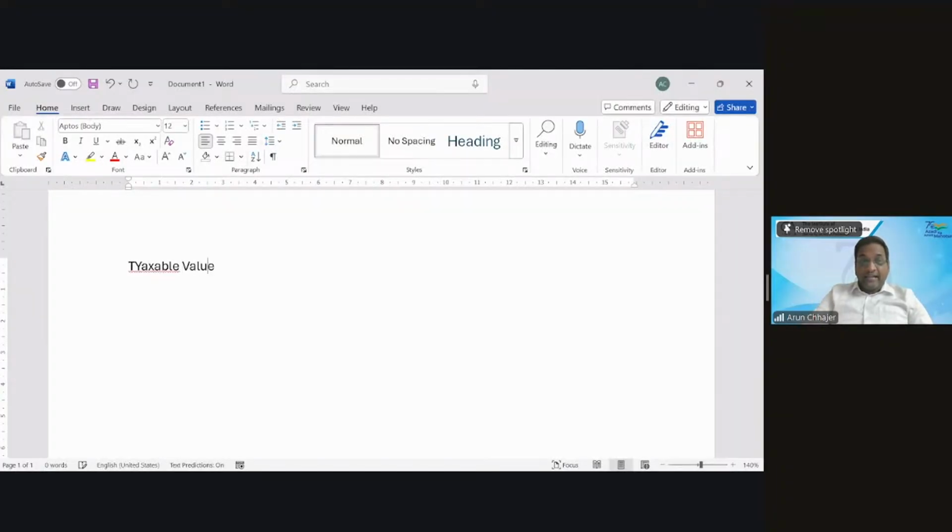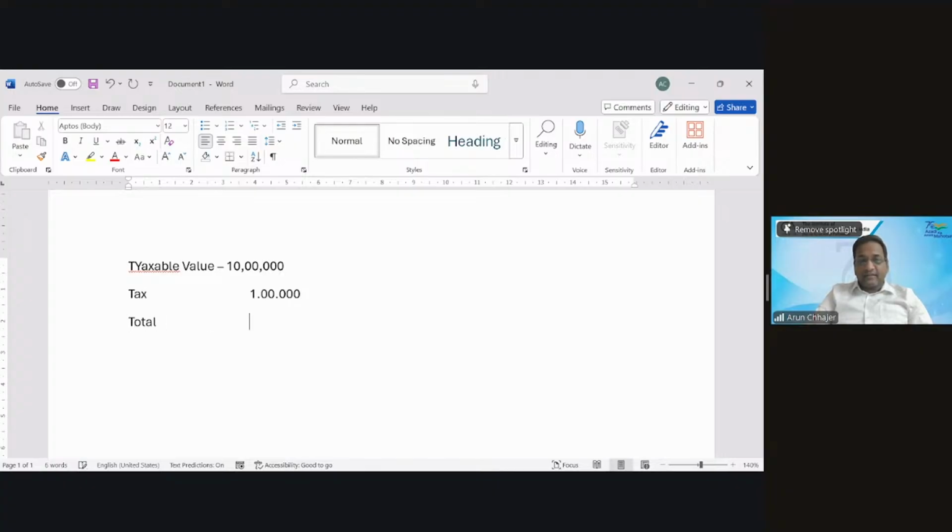I think you could not get the time or you could not visit that video which I told you in the last class. Taxable value 10 lakh. Tax, just rounding it off, 1 lakh.